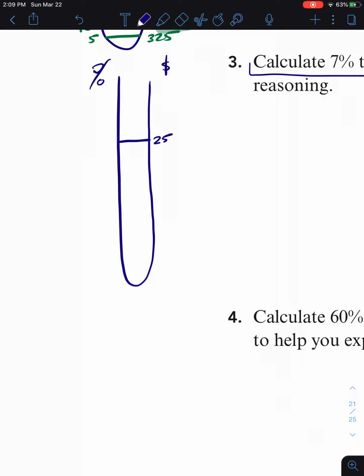So we have a $25 purchase. That's our whole. That's the cost. And we're going to add 7%. All right, so this is our tax. Okay, and that's 107, right? So we need to know really how much this is.